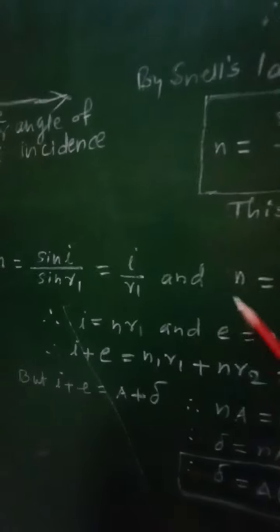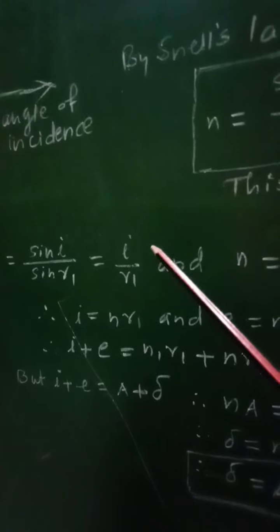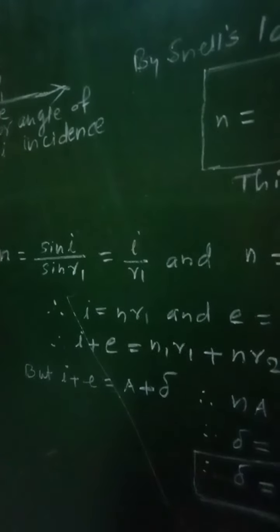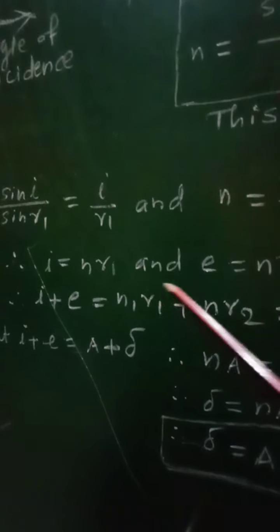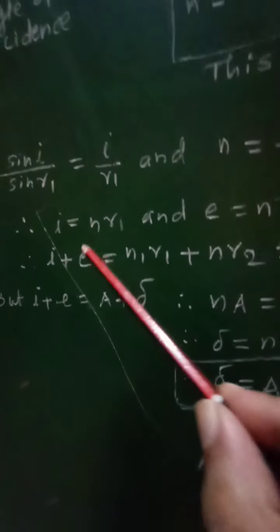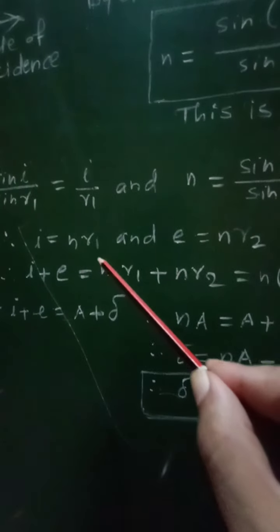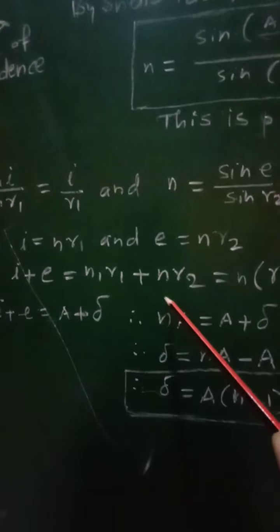But sin I and sin E will be considered as I and E only, and therefore we will get n is equal to I upon R1 and n is equal to E upon R2, because these angles are very, very small. Therefore I is equal to nR1 and E is equal to nR2. If we add these two equations, then I plus E will be equal to nR1 plus nR2.